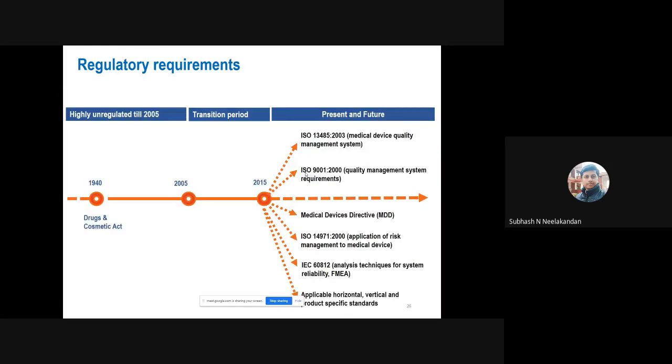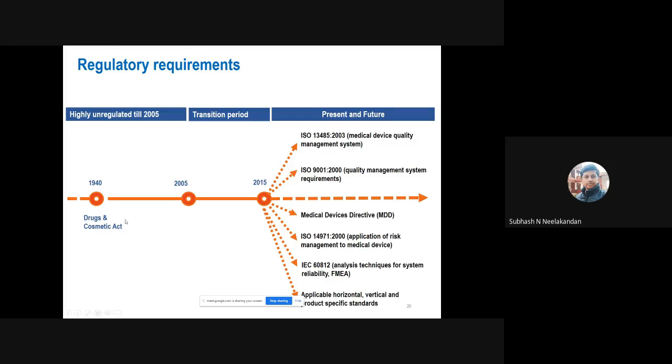To sum up, in India in 1940, there was the Drug and Cosmetic Act, which dictated the approval and regulatory aspects of medical devices, and which was highly fluidic and not in a very structured pattern.